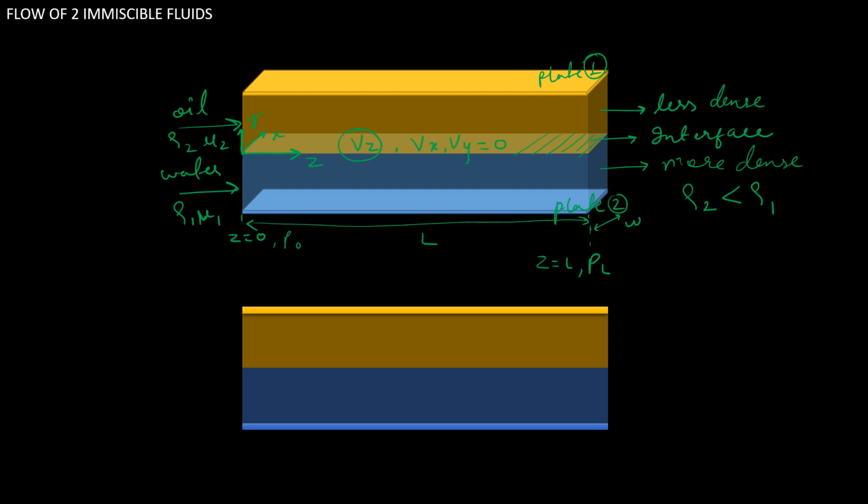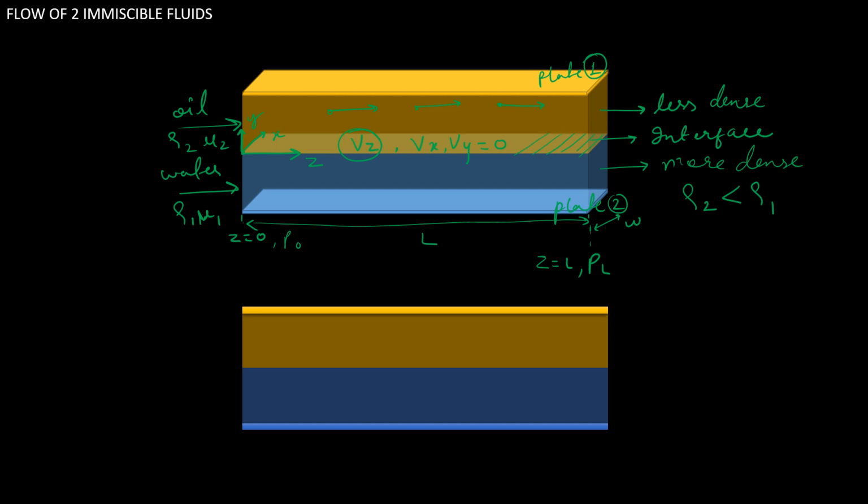Now this is an incompressible fluid. And the flow is laminar flow. Also, the flow is steady and unidirectional. It is in z direction only. Fluid considered is Newtonian fluid, and only pressure gradient occurs.